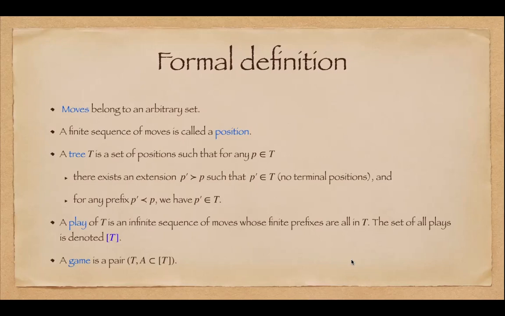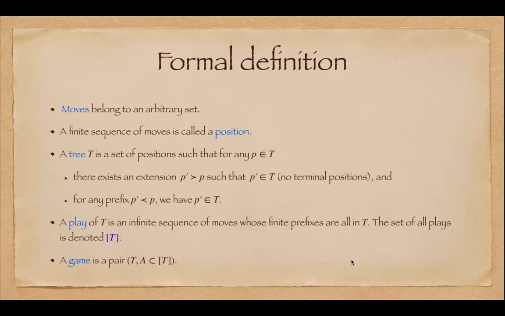And we have two conditions. One is that there are no terminal nodes, namely that every position has an extension. Every position, we can find a longer sequence of moves, which is also a position.